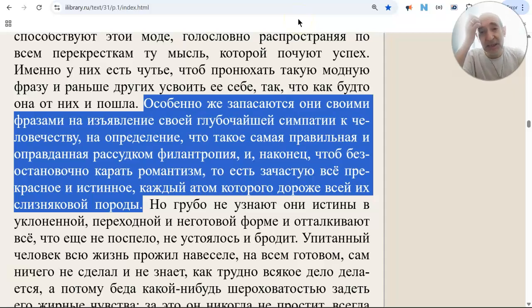Особенно же запасаются они своими фразами на изъявление своей глубочайшей симпатии к человечеству. So, specifically, or in particular, особенно, they save their phrases for expression of their deepest sympathy towards humanity.